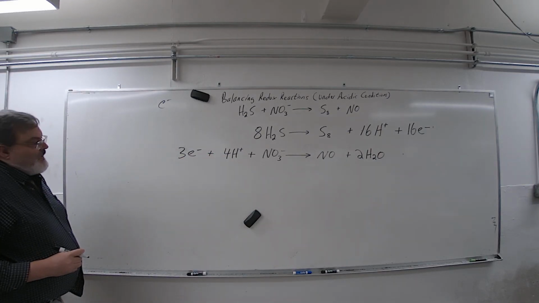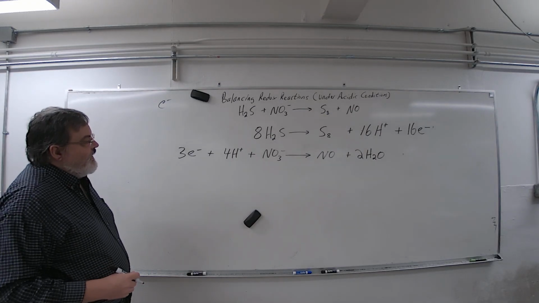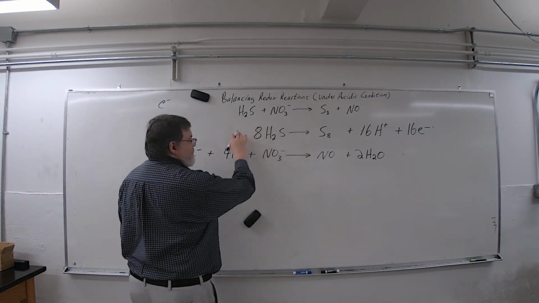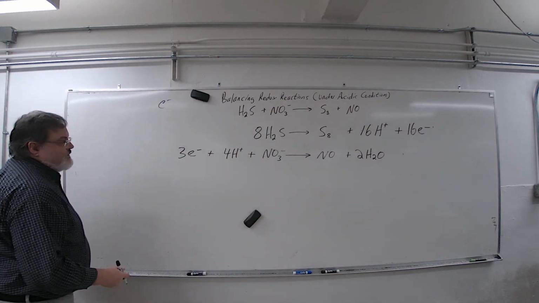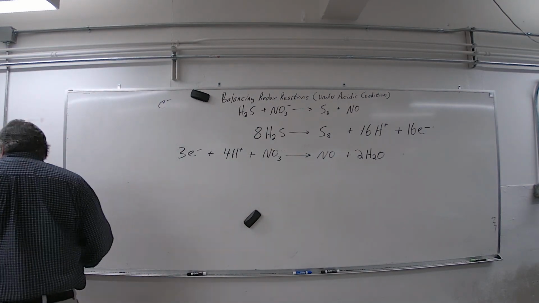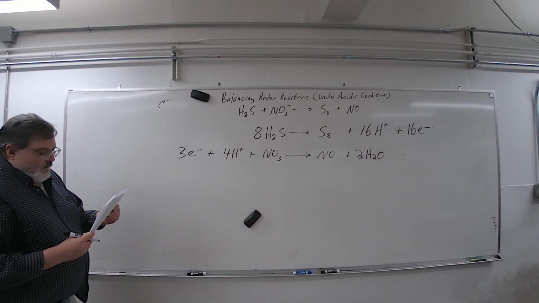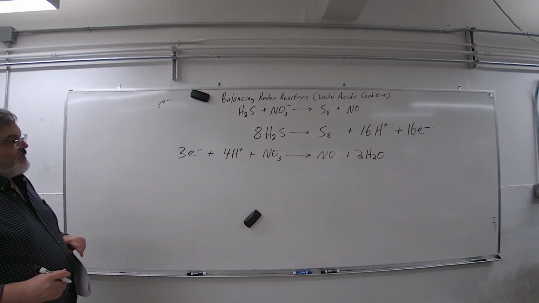So we should be charge balanced now. And it's not always true that you're trying to get to 0, because this side was 0, this side was 0. But we do have them charge balanced. Okay, it's the 3 and the 16. And so far I'm doing this right.